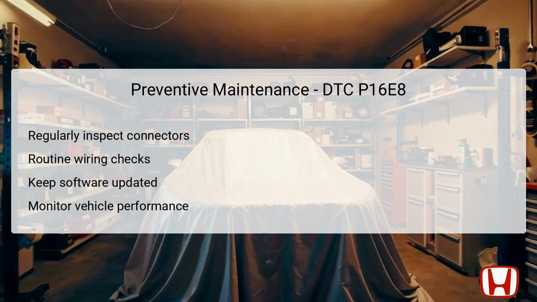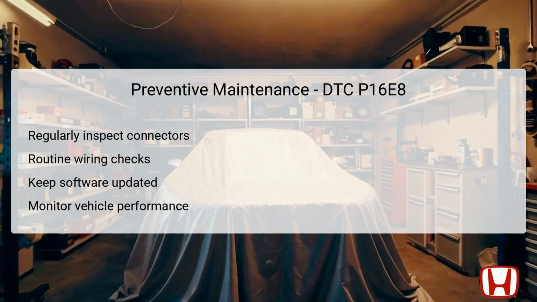To prevent recurrence of issues associated with DTC P16E8, implementing a proactive maintenance strategy is recommended. Regular inspections of the connectors, particularly those associated with the shutter grille and PCM, can help identify early signs of wear or corrosion that may introduce faults into the communication system.